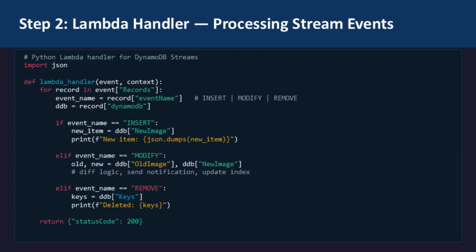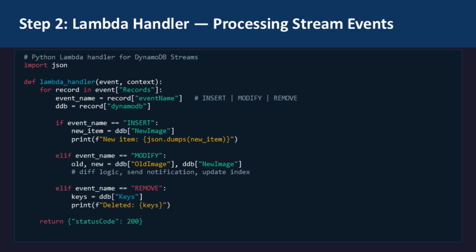Now let's look at the Lambda handler code. This is the heart of your stream processor. The Lambda function receives an event object that contains a list of records. Each record has an event name, which is either insert, modify, or remove, and a DynamoDB object with the actual data. Let's walk through it. We loop over every record in the batch.